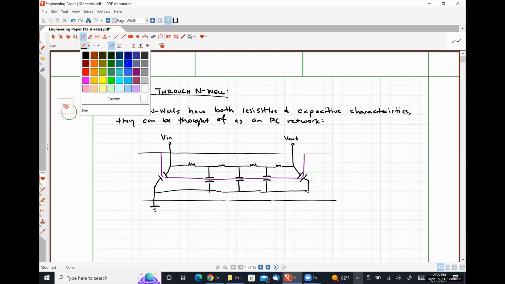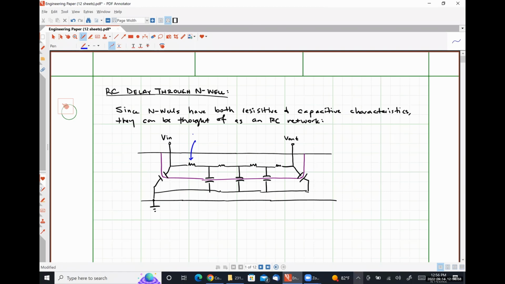So to be clear here, all of these resistors represent n-well resistance, and all of these capacitors represent depletion capacitance that we've talked about previously.